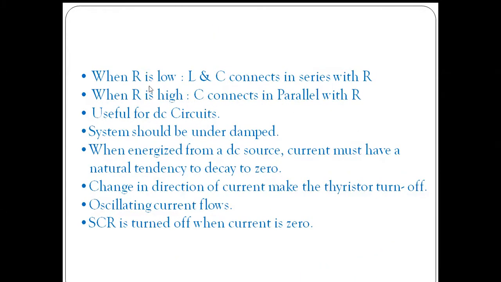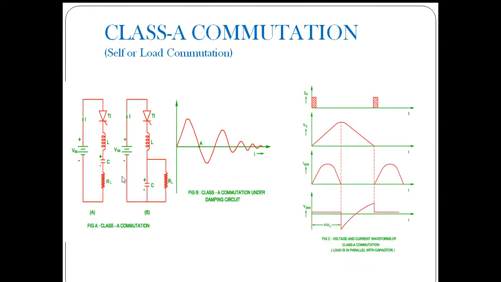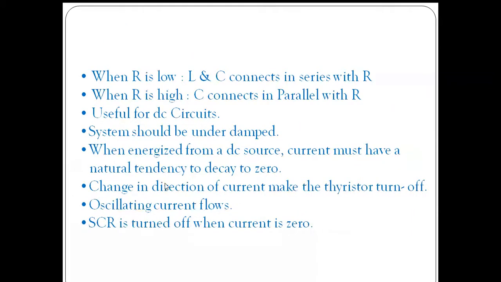Whenever the resistance is low, L and C are connected in series. If R is high, then R and C are connected in parallel, with L connected in series. The requirement is that the system is underdamped.